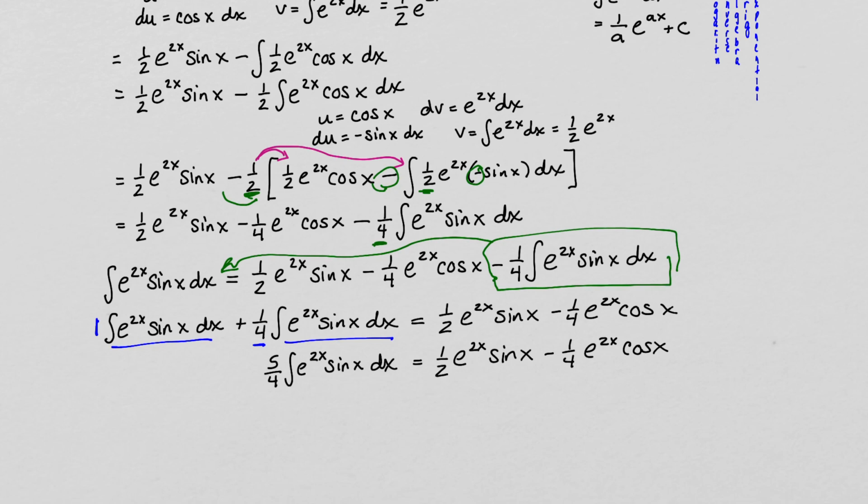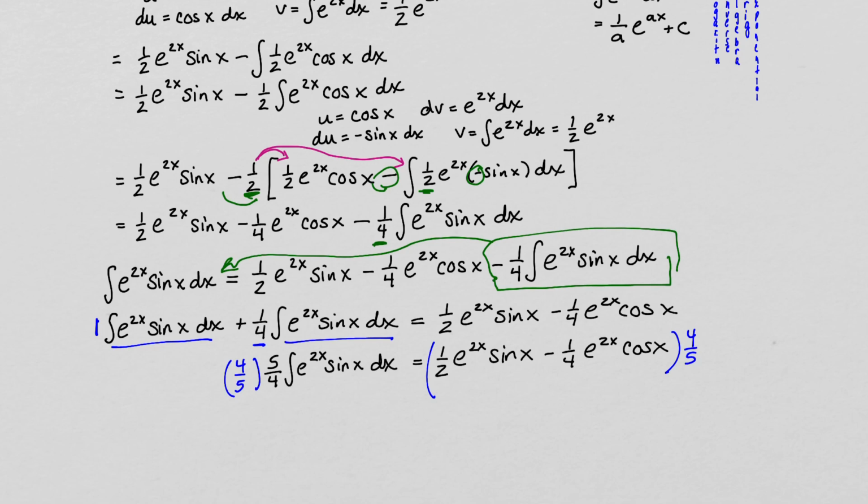And remember, I'm trying to solve for this original integral. I almost have it. The only issue is I have this 5/4. So to get rid of the 5/4, I'm going to multiply both sides by 4/5.